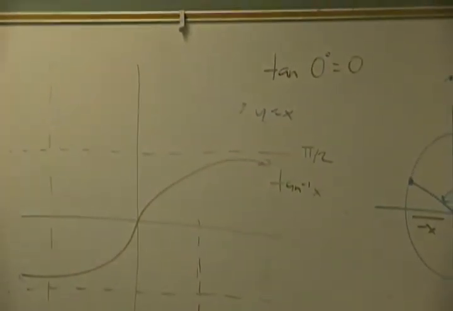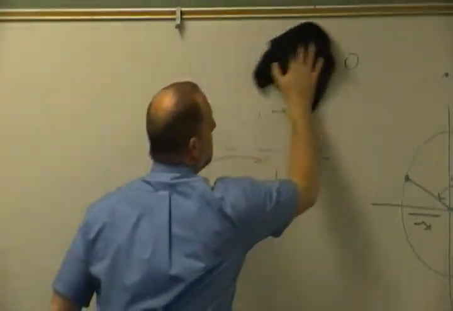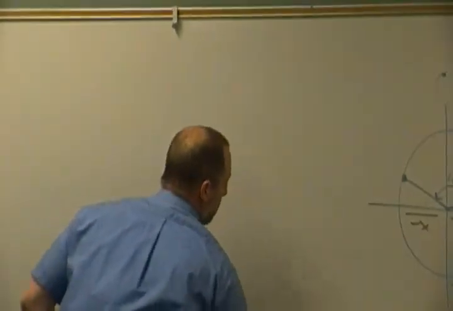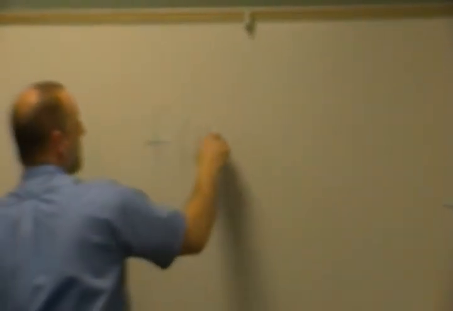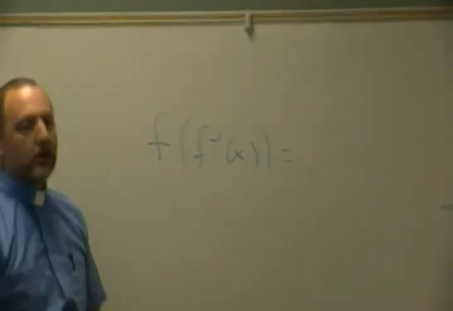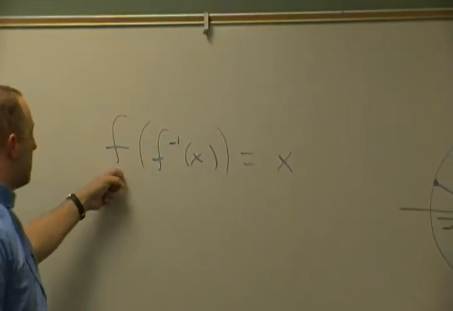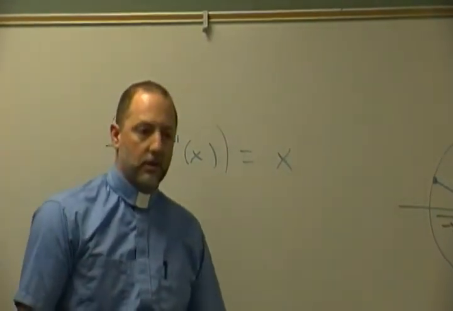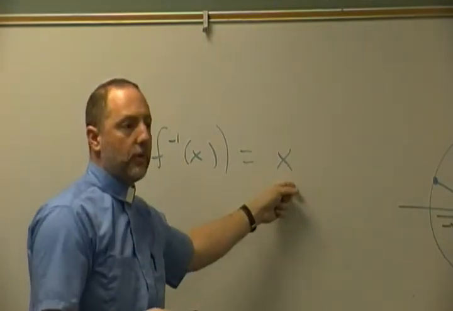Let me erase this. You'll recall that if I have a function, f, and I composite it with f inverse of x, what do I get? x. Basically, if I composite a function and its inverse, they just cancel out, so whatever I give as input comes as output.